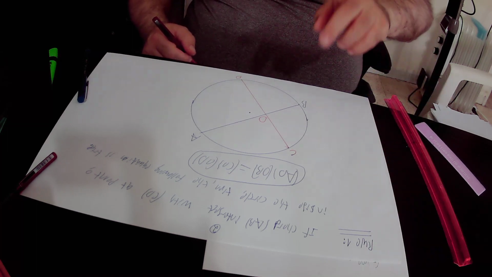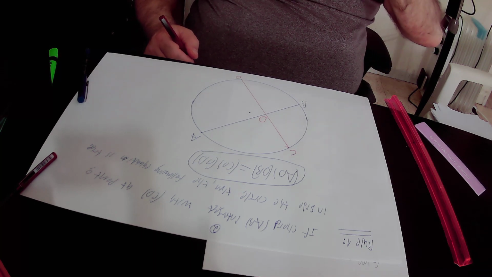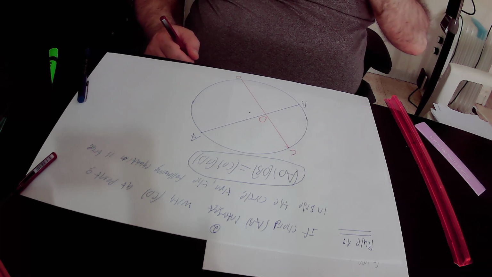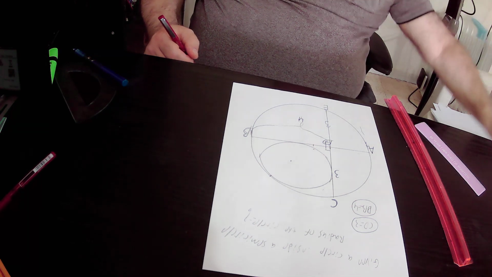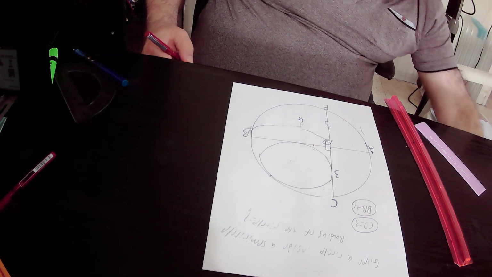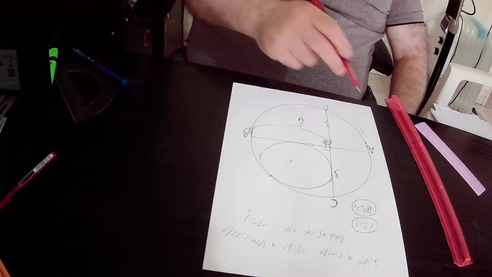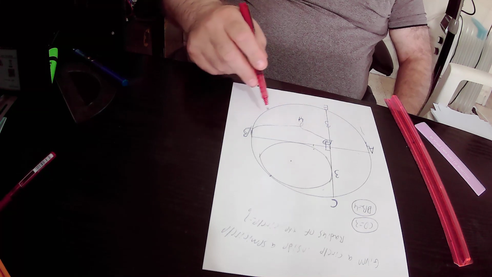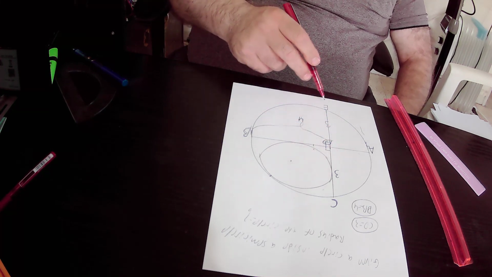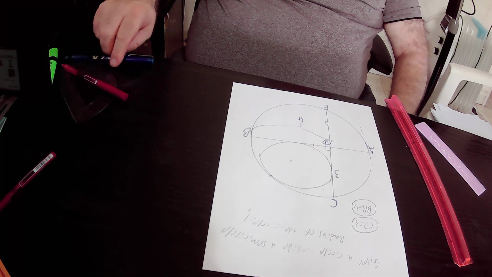Okay, point O is the intersection point of chord AB with chord CD. So we actually can implement rule number 1 in our drawing, because in our drawing we have this circle, and inside this circle we have chord AB that intersects with chord CE at point D. I'll write it down.